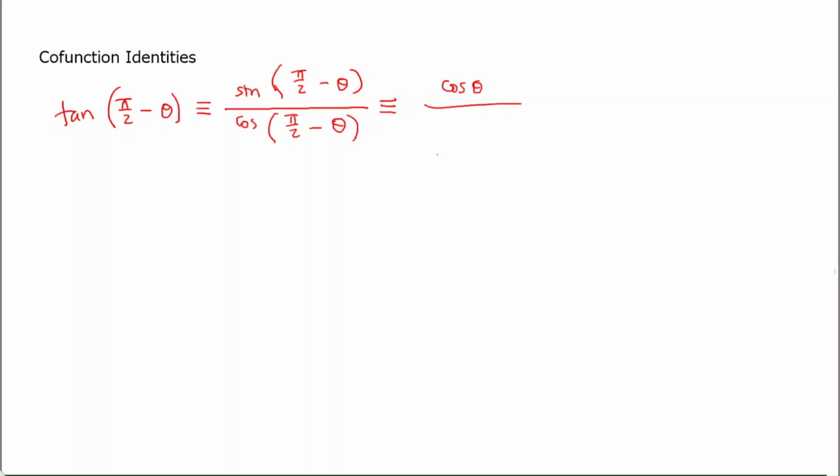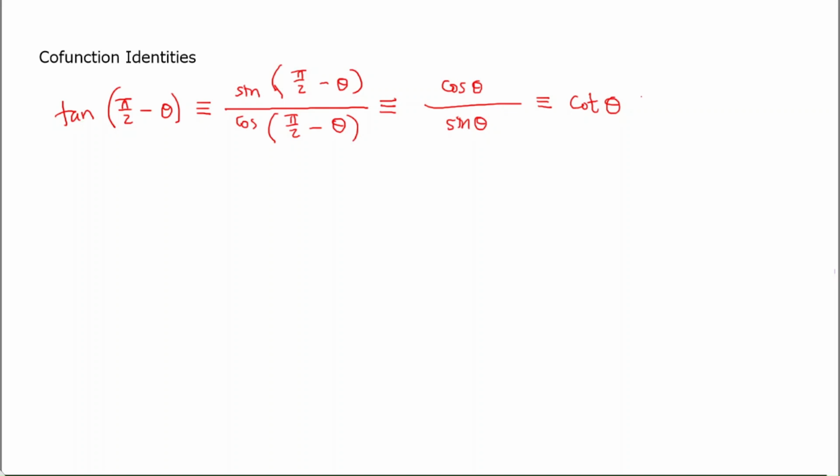The numerator, sine of pi over 2 minus theta, is cosine. Downstairs, cosine of pi over 2 minus theta is sine. And then finally, cosine over sine is indeed the same thing as cotangent theta. So you don't have to assume that tangent of pi over 2 minus theta is equivalent to cotangent theta. It can be proved using identities that we have already figured out.